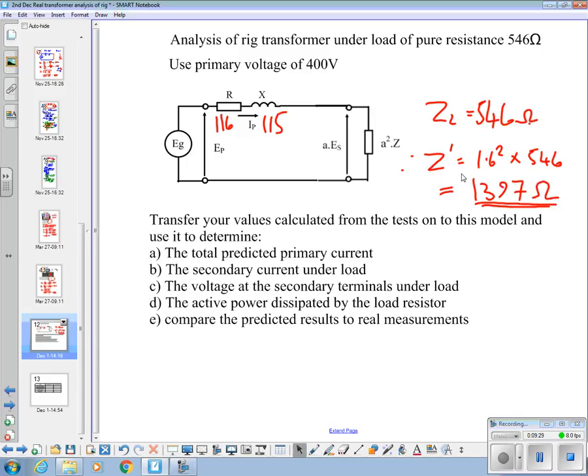So that's the reflected load that we need in the model to do the analysis. So we transferred those to that model.